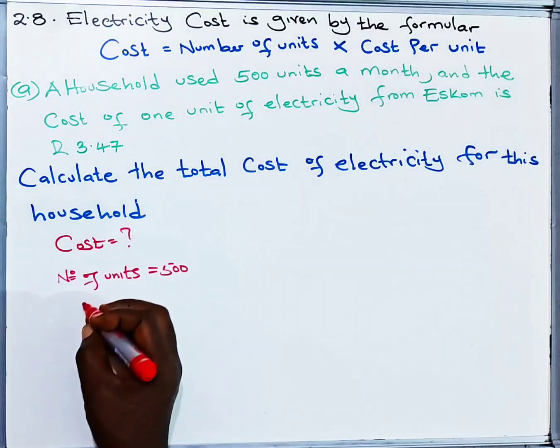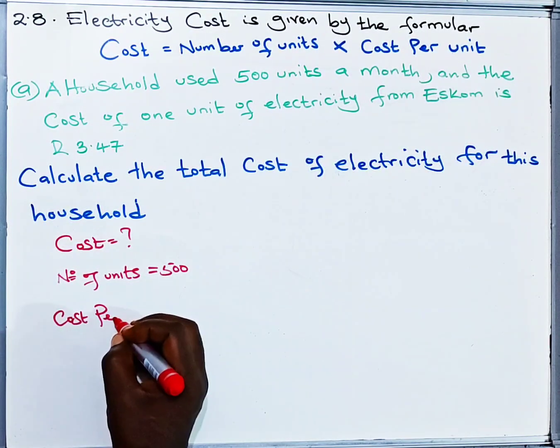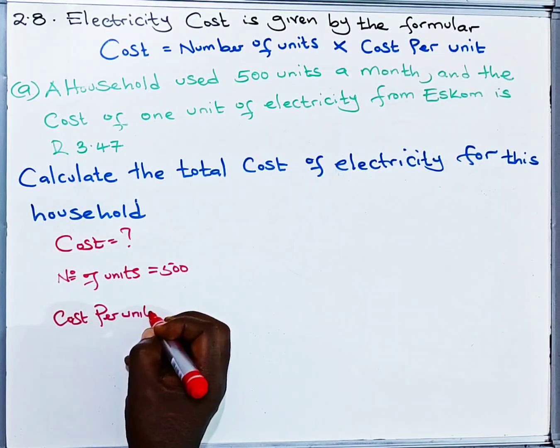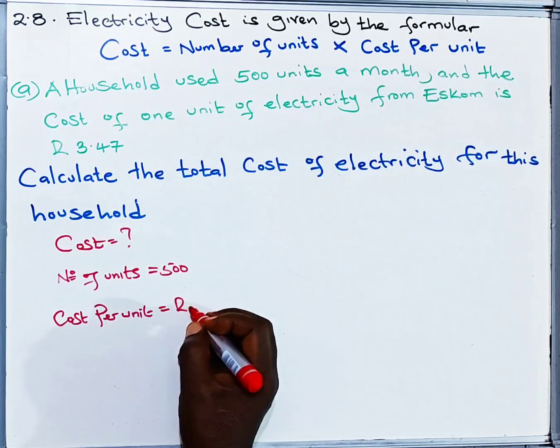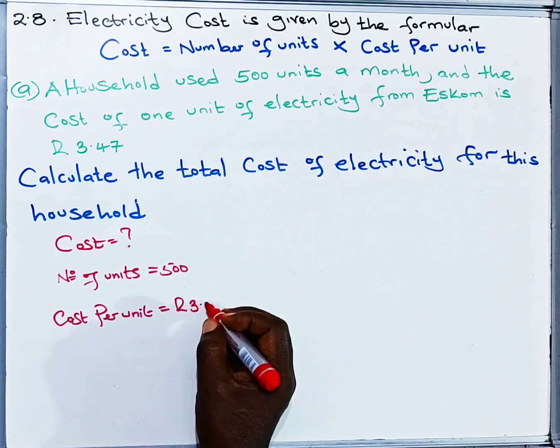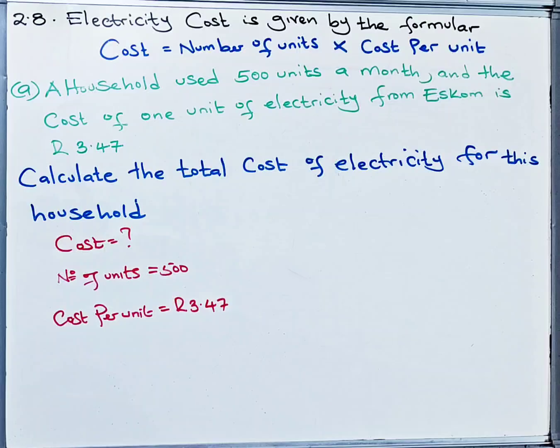And we know the cost per unit. That's the cost for every unit you buy. And it is this, 3 rand 47 cent.